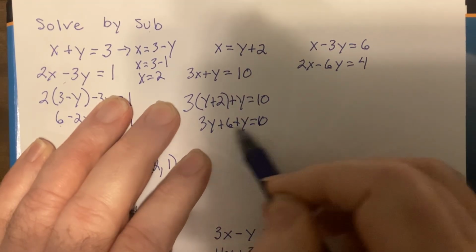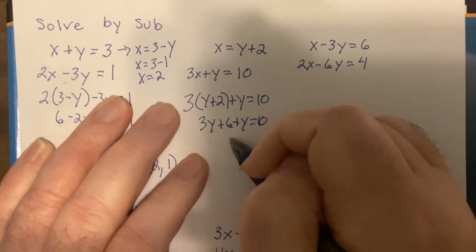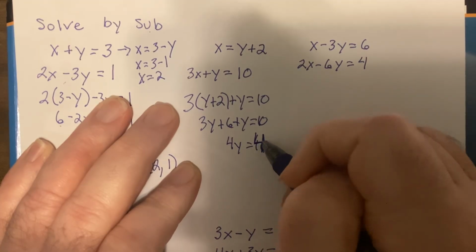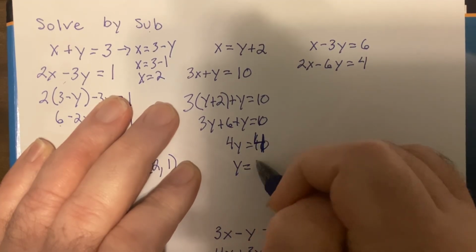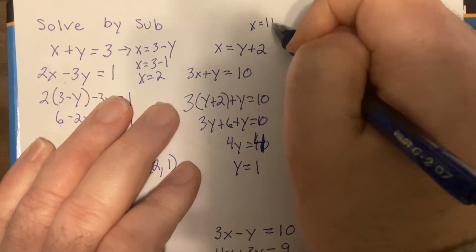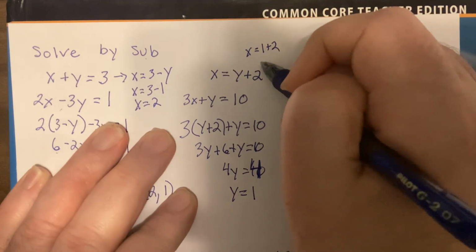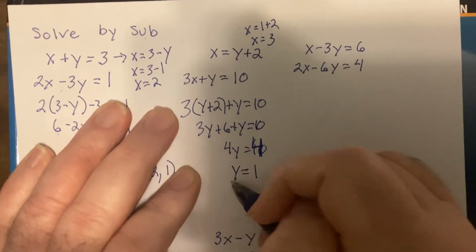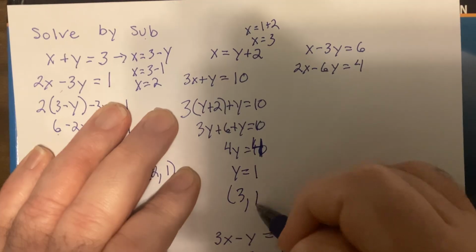So I'm going to combine the y's, subtract 6, 4y equals 10. 4y equals 4. I made a boo-boo. So y is 1. So x is 1 plus 2. So x is 3. So it is 3, 1.